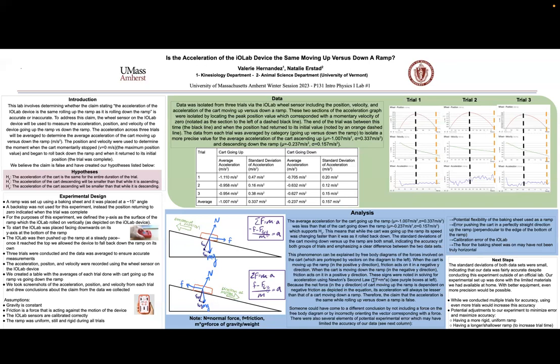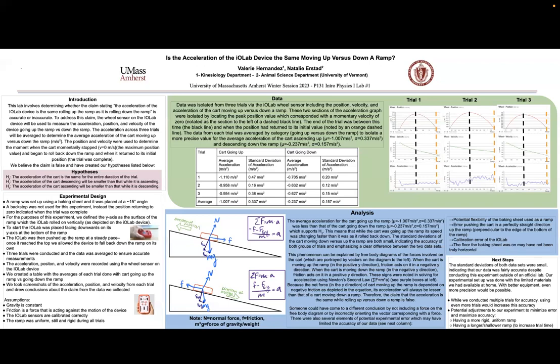This means that while the cart was moving up the ramp, its speed was changing faster than when it rolled back down, because acceleration is the change in velocity over time. The standard deviations for both the cart going up versus down were very small, indicating that there is a clear difference and that these measurements are accurate.